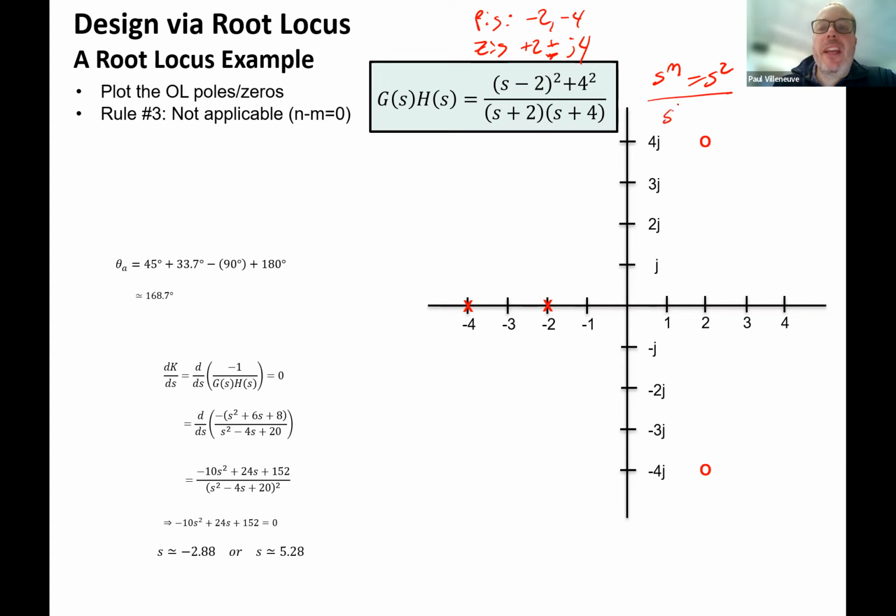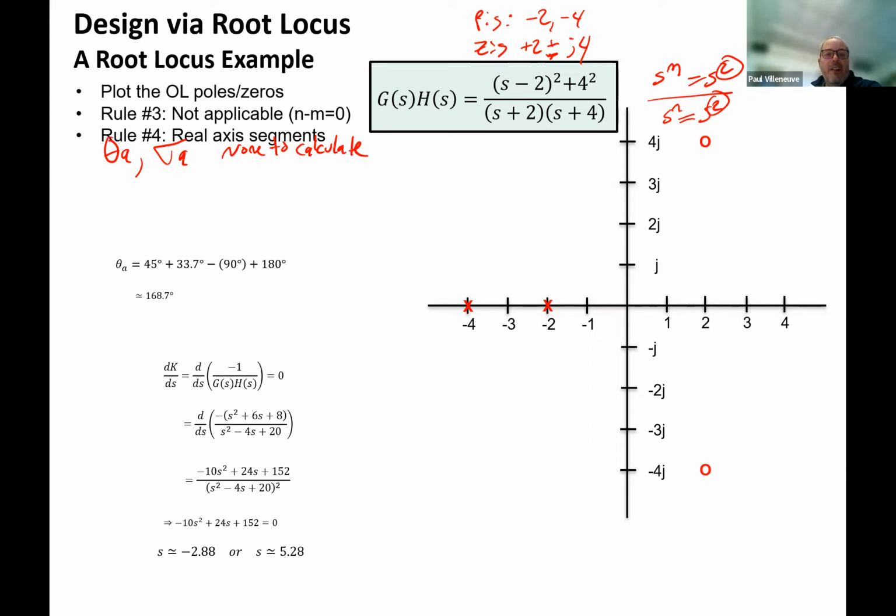In the denominator, our S^N is also S squared. Since these two are the same, we have no infinite zeros. So our root loci will start at poles and end at zeros. So we don't have any theta A's or sigma A's. We are done. There's none to calculate because there are no values there.